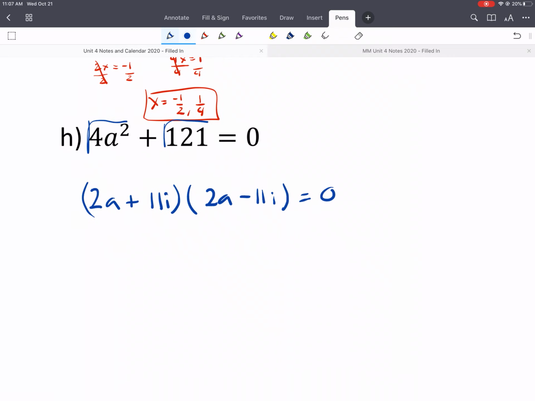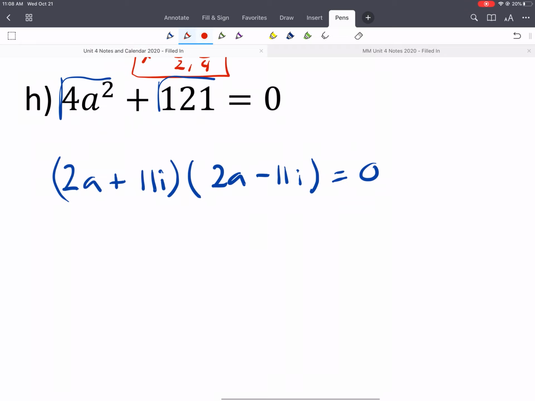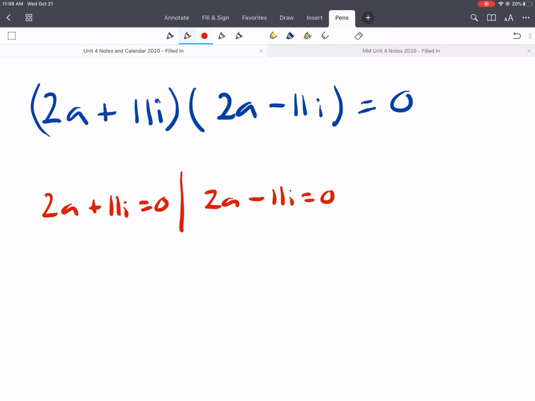All right, so we still use the same zero product property. So we'd say either 2a plus 11i is equal to 0, or 2a minus 11i has got to be 0. So we would solve for a, so we would subtract 11i. That gives us 2a is equal to negative 11i, and then we divide both sides by 2.